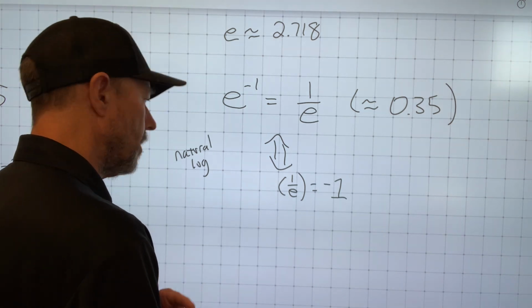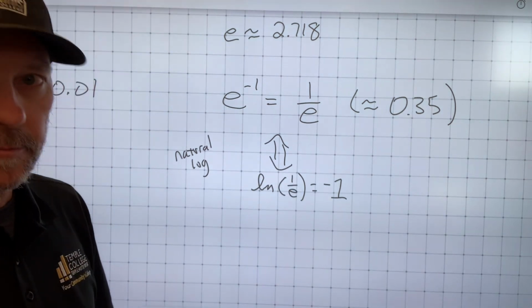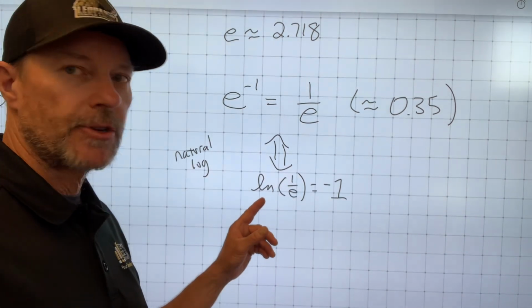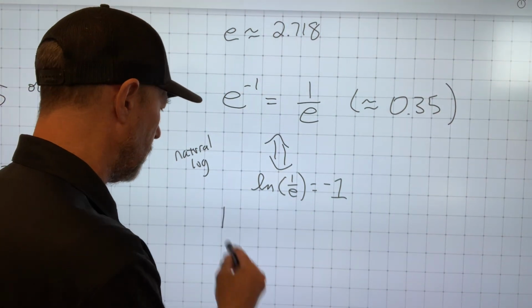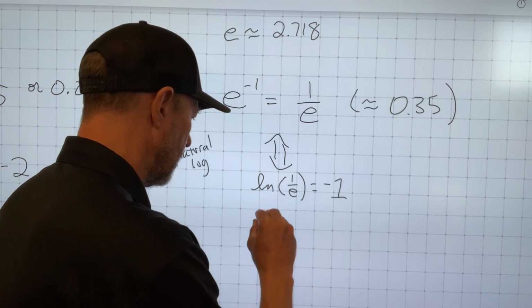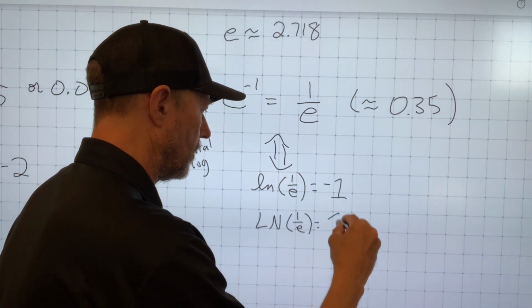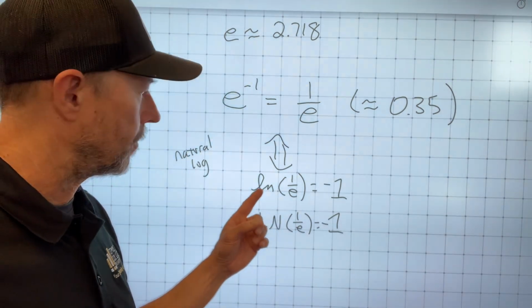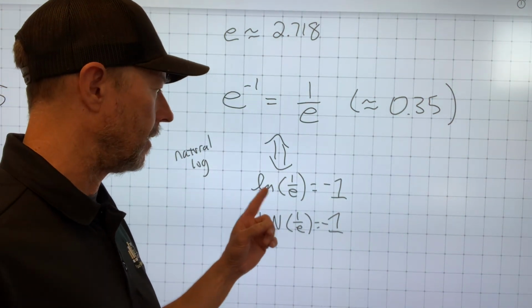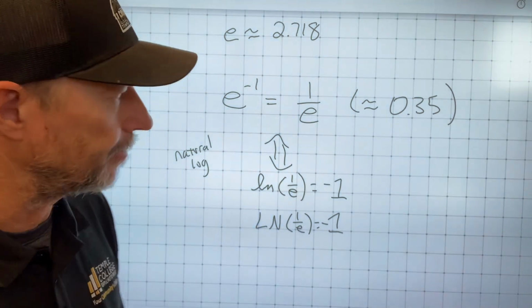Most use ln. And since the typeface that I type in uses an L that looks like a 1, I'll frequently write ln in capitals. But it is more common to write lowercase ln for natural log, and that just means log base e.